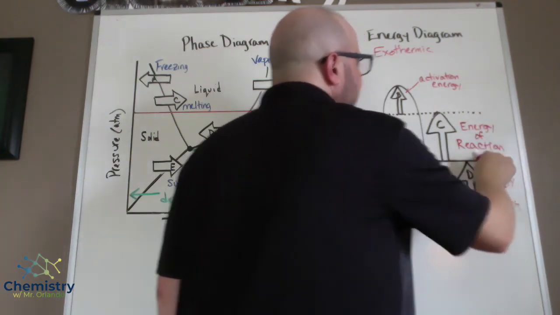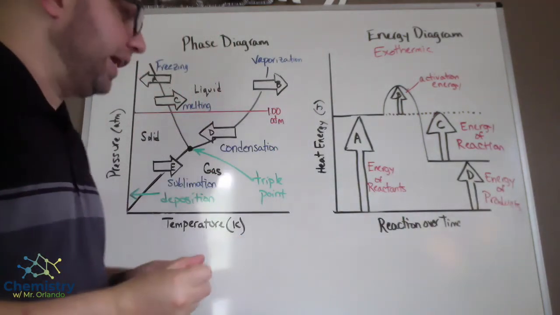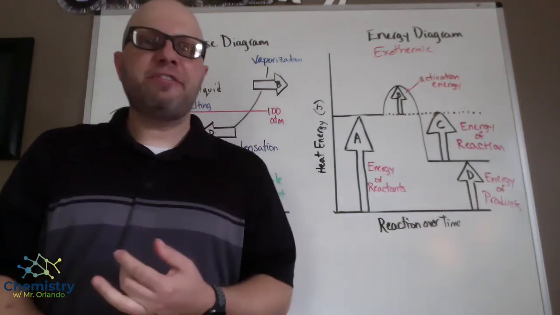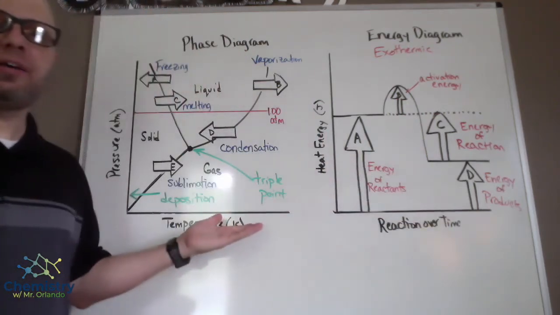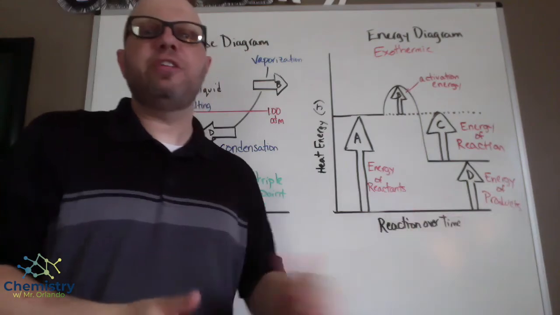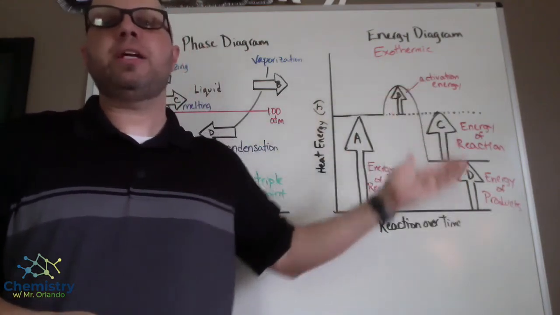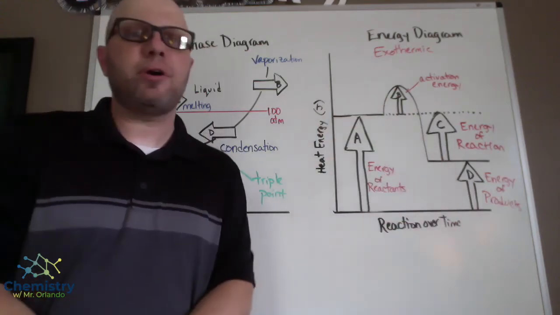So it's a subtle difference between reactants and reaction, but it is there. So be prepared to identify a phase diagram like we have over here, or an energy diagram like we have here. Make sure that you know what it would look like if it were endothermic instead of exothermic, and you would label the same parts.